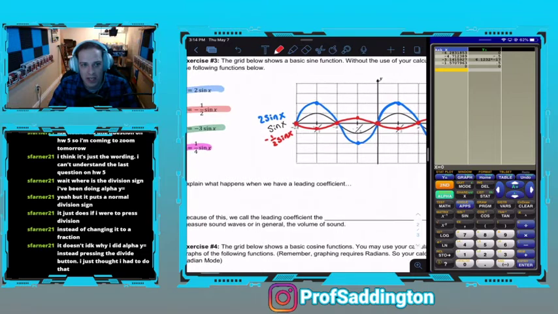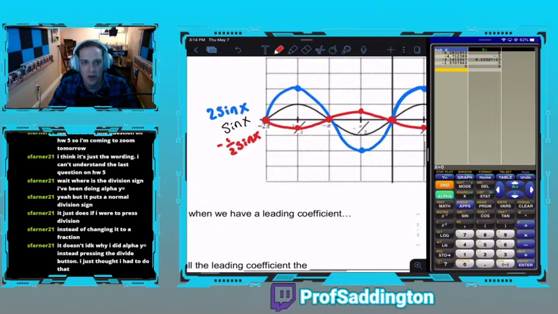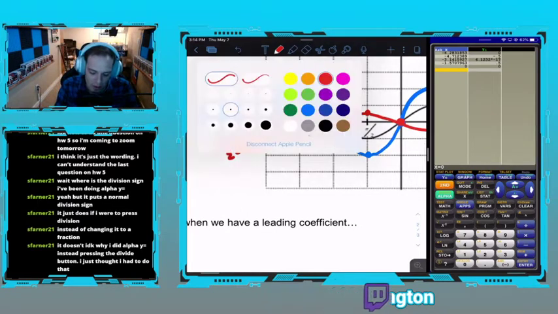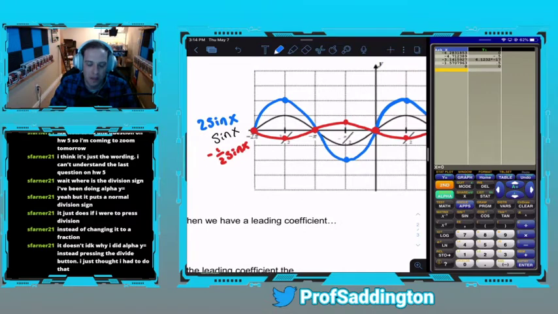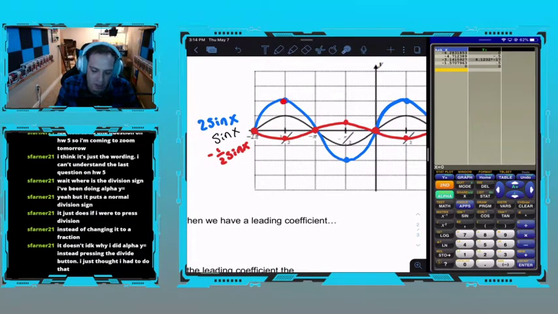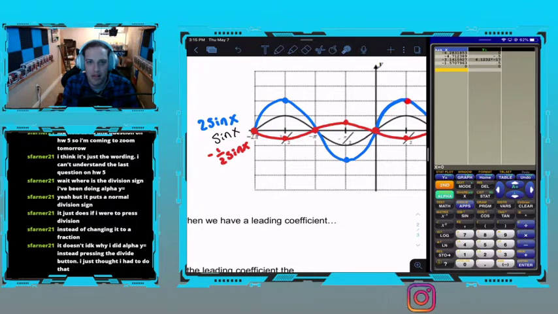If you look at that first blue one, the leading coefficient was 2. Well, notice what the largest number was on this graph. The largest number was up here at 2. The smallest number was down here at negative 2. And it repeats. It went back up to positive 2.